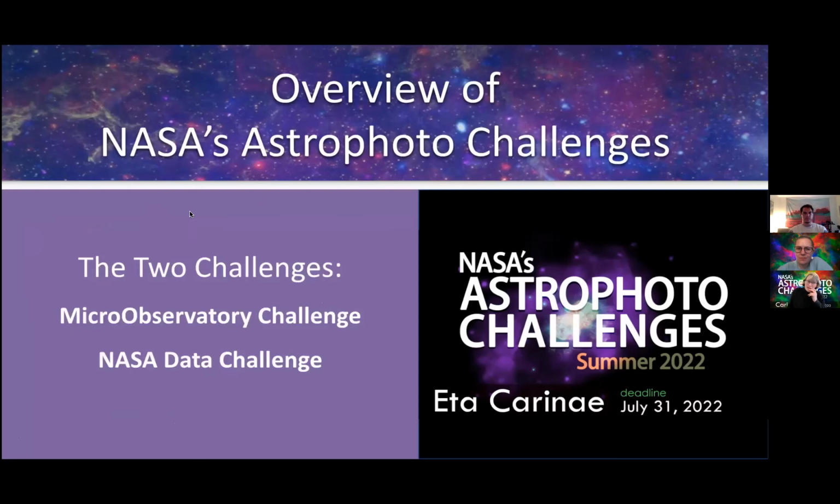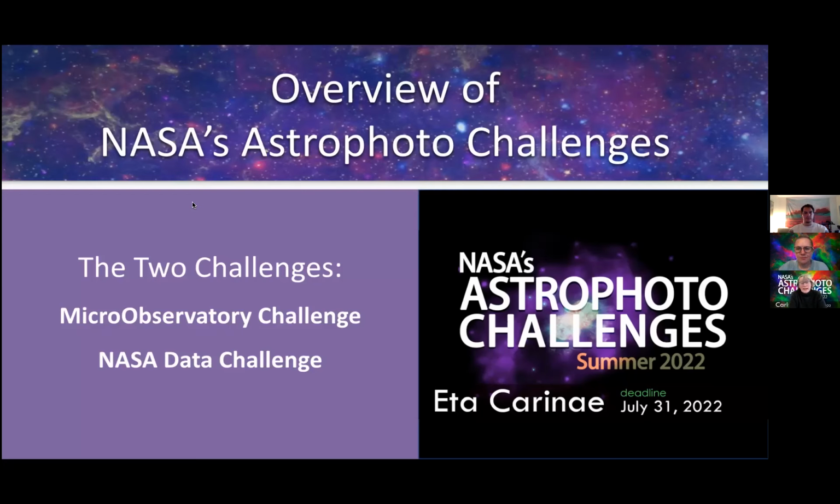And essentially, we call them plural Astrophoto Challenges because there is typically a set of two challenges, one using MicroObservatory, in which you have an opportunity to use real robotic telescopes to take your own images of the Carina Nebula and process them and enhance them.